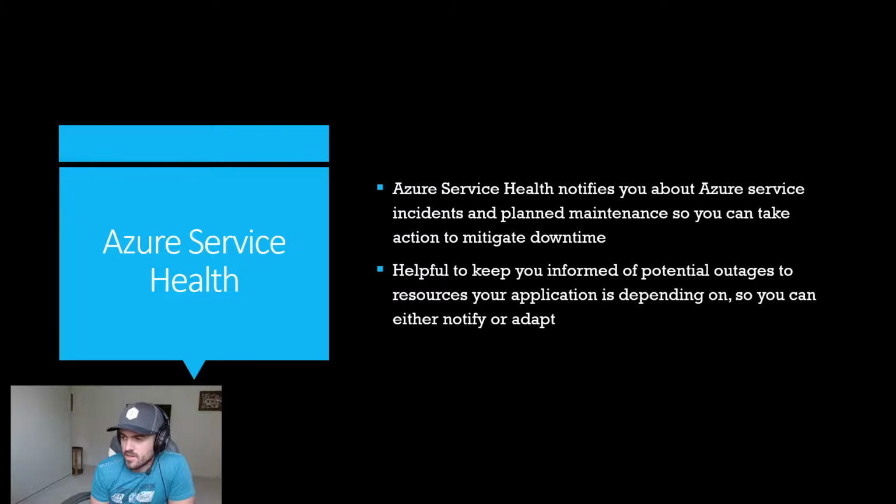So you can either notify end users, hey, we're going to have 30 minutes of downtime, or you can maybe fail over to a different set of VMs, whatever it is. You just want to know if Azure has something going on, even though it's definitely unlikely and not common. It does happen, so it's nice to be aware. Okay?